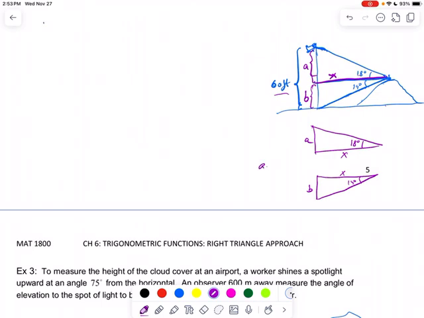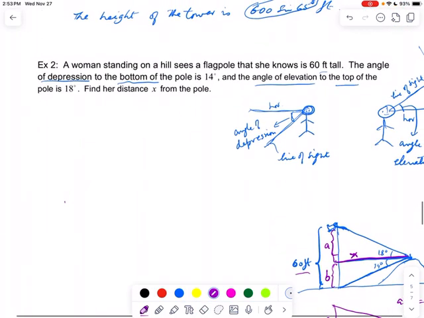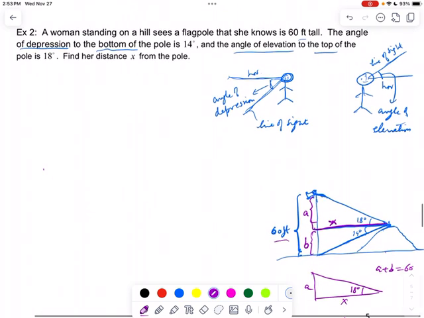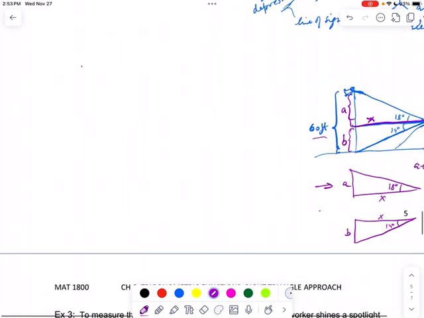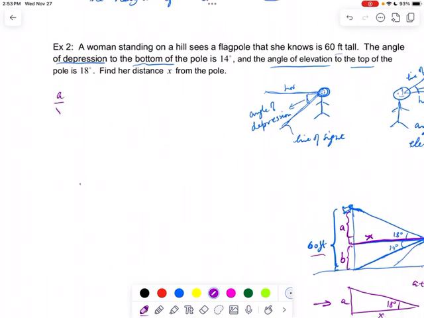Over here I can write A plus B is equal to 60. Using this information, we want to see if we can find A and B. We might not be able to find exactly what the value of A is in the beginning, but that's fine. From this first triangle, we can write that A over x is equal to tangent of 18 degrees.